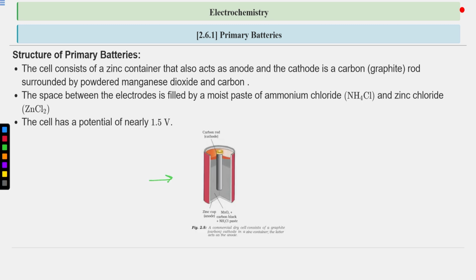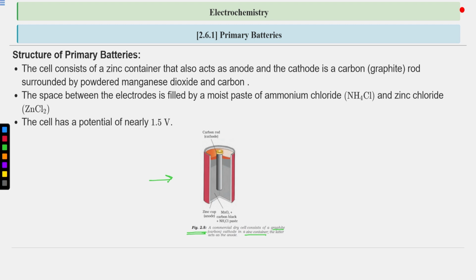And here you can see figure 2.8, a commercial dry cell, which consists of a graphite cathode in a zinc container. The latter acts as the anode.